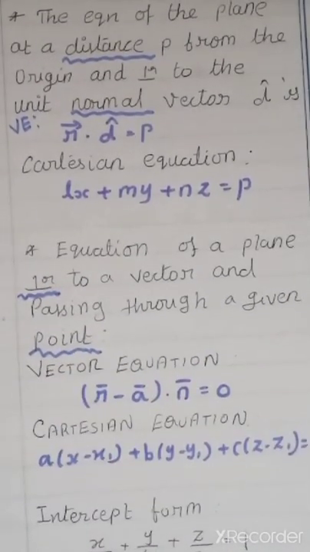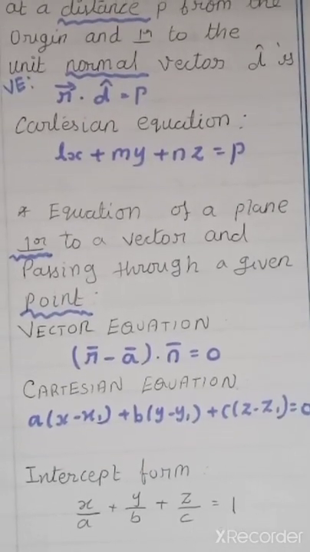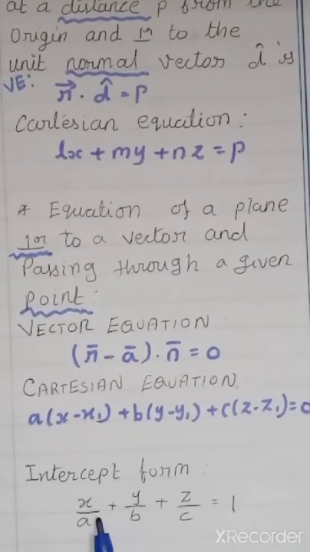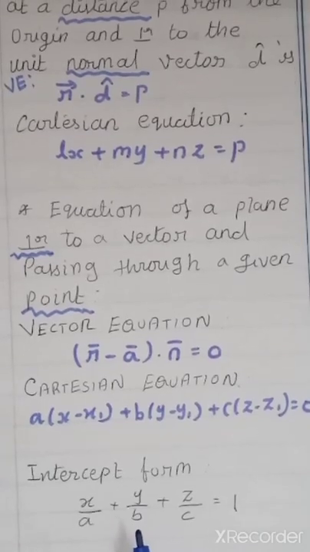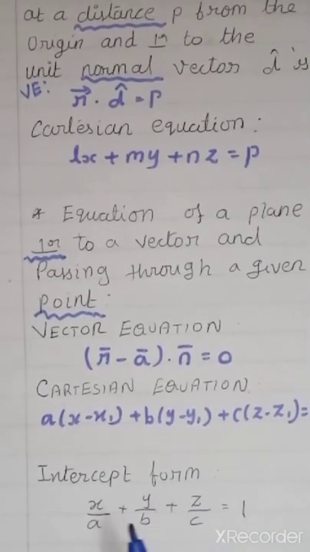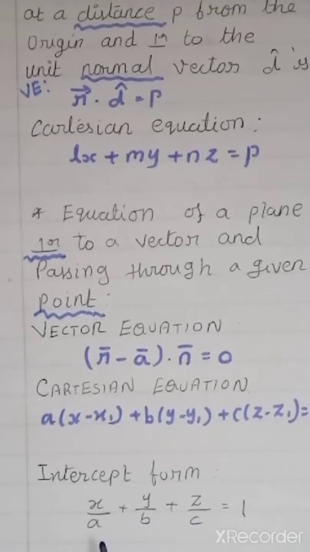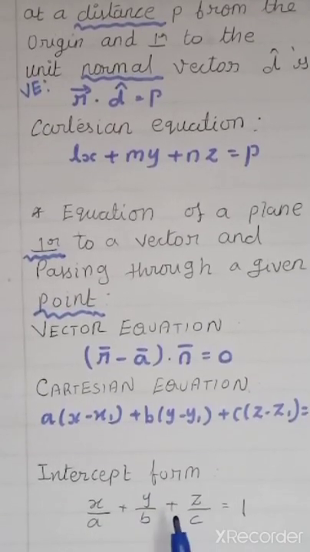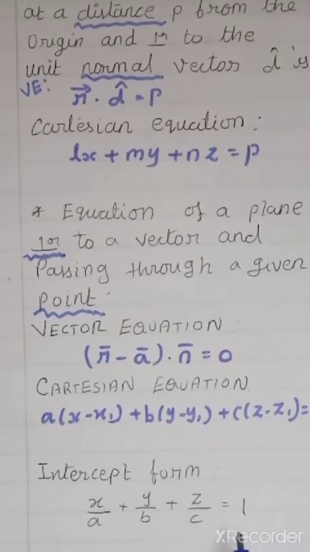Okay, next, intercept form. This intercept form we have already studied in your lower class. So the intercept form of an equation of plane is x by a plus y by b plus z by c equal to 1.